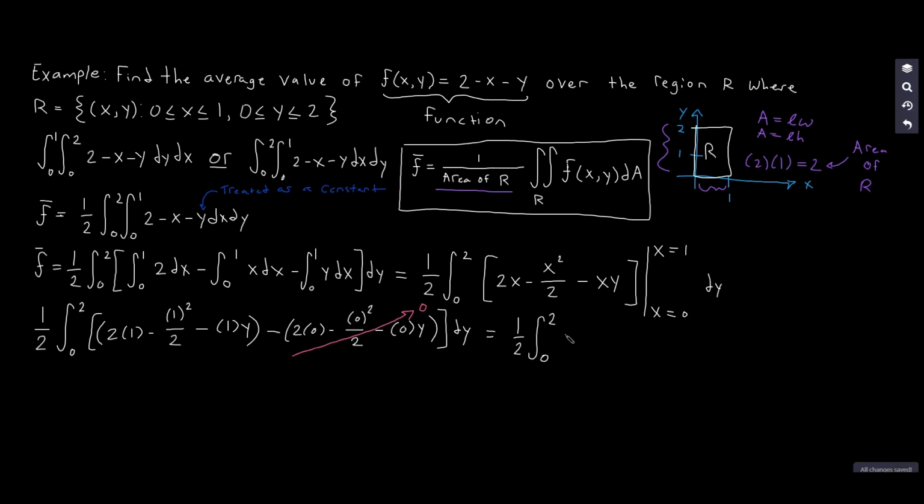For the first term, it's going to be the new integrand, so it's going to be 2 minus 1/2 minus y, integration with respect to y. And well, we know how to do this. This is just going to be a linearity rule.